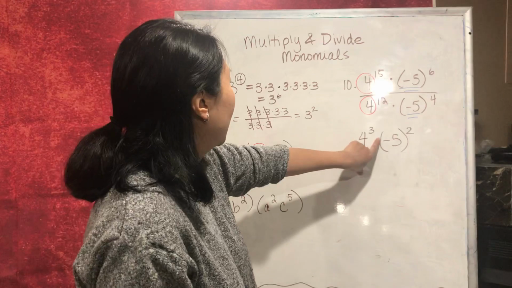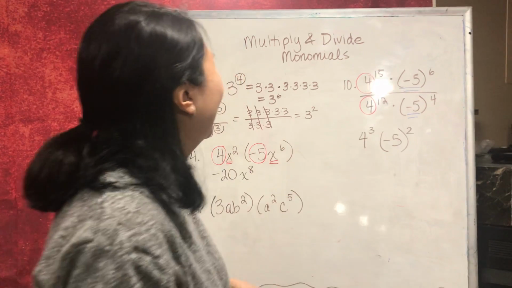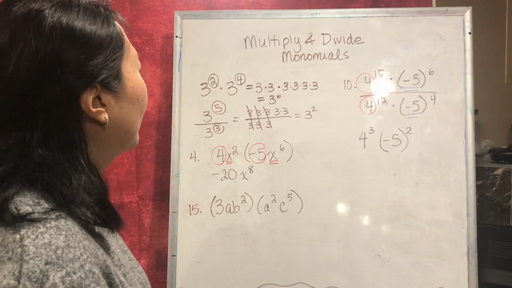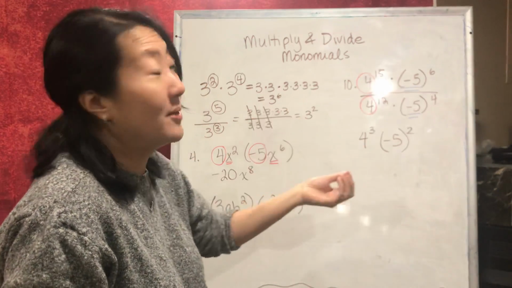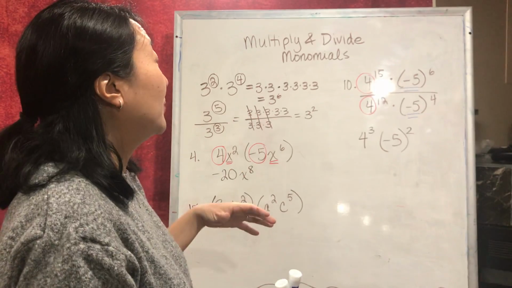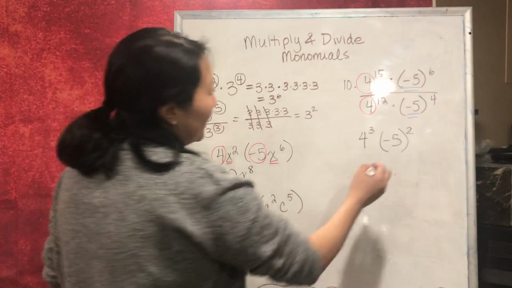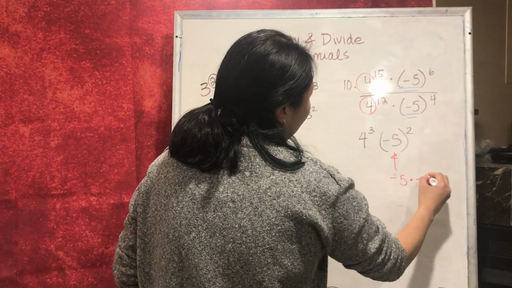I don't necessarily need this dot to signify multiplying. And the reason there are parentheses around the negative number is to make sure that negative 5 squared actually means negative 5 times negative 5.